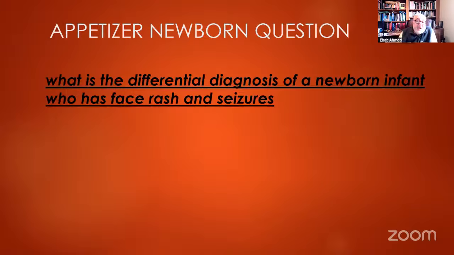Any hypercoagulable states, and the most important one of them, yes, we see the DIC, we see purpura fulminans due to protein C and protein S deficiency. You can have hypercoagulable state, intracranial thrombosis, and strokes.